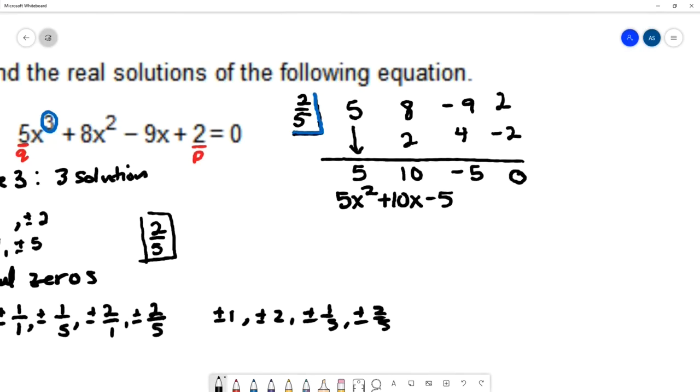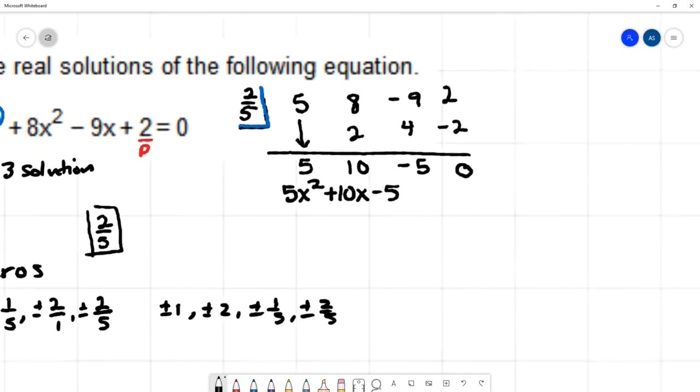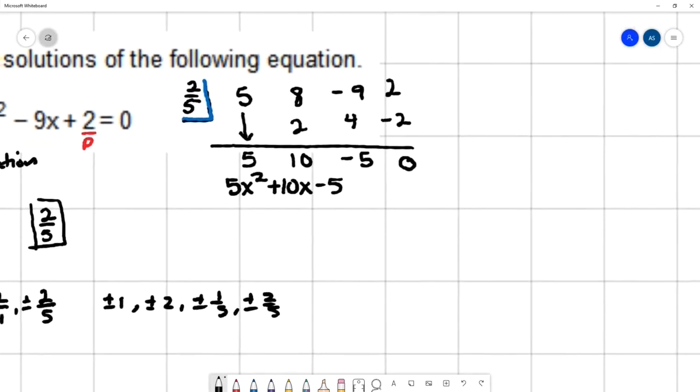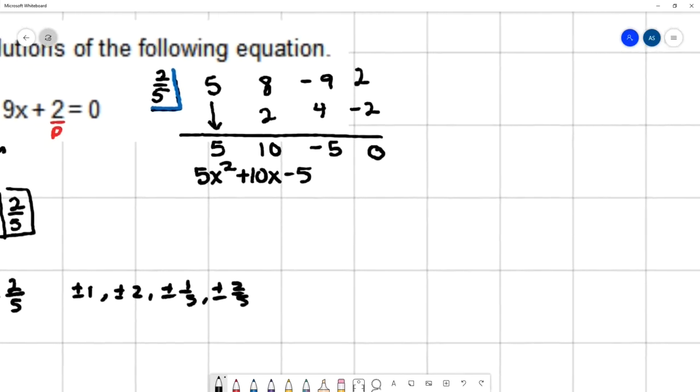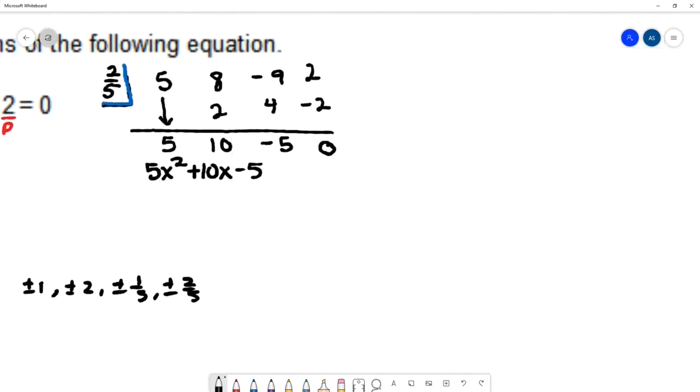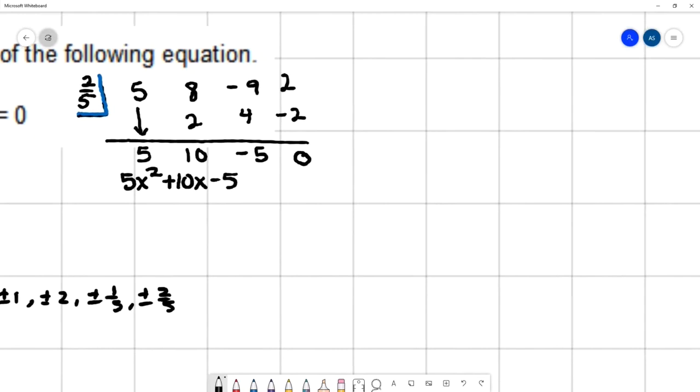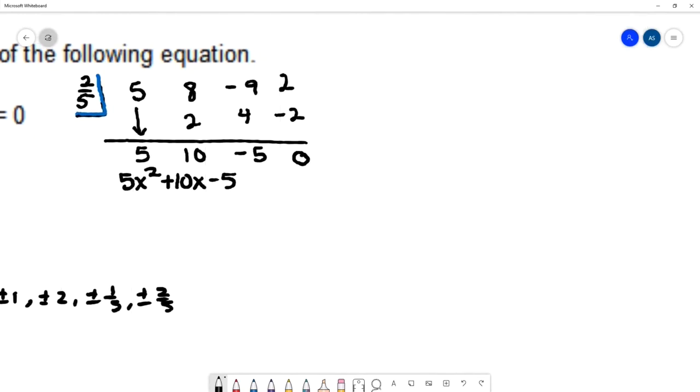So some people may not have seen synthetic division before, and you might be more comfortable with long division. So when you're doing long division, it's going to look a little bit different. Okay, so we identified this 2/5 here as our solution, as our 0.